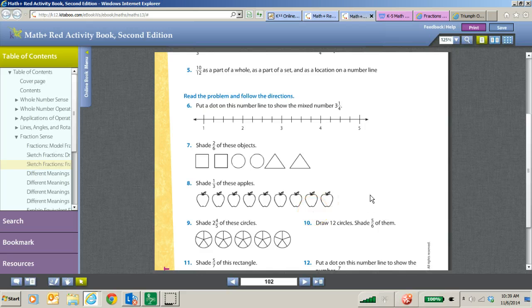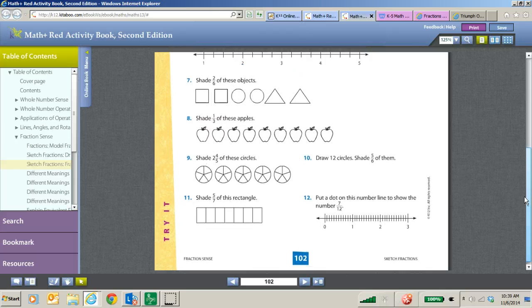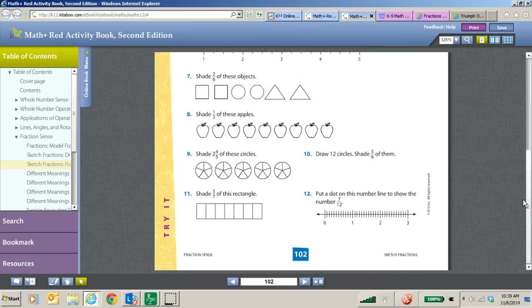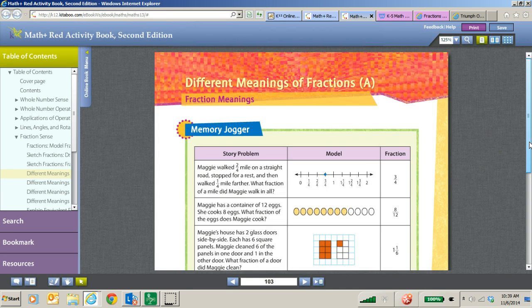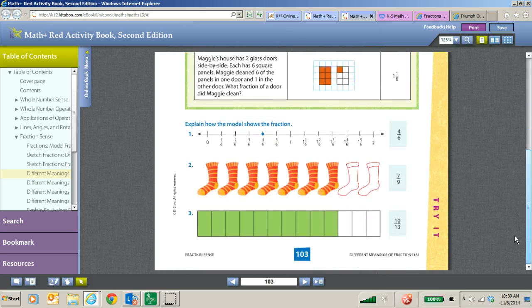So when thinking of fractions, make sure they always look at the whole, whether it's a number line, shapes, or something similar to this. And this is so important because when they get to 5th grade, they're going to be doing computation and multiplication with mixed numbers. So really understanding what the fractions mean is critical in 4th grade. As we go through, there's a lot of different practice opportunities using the different models.